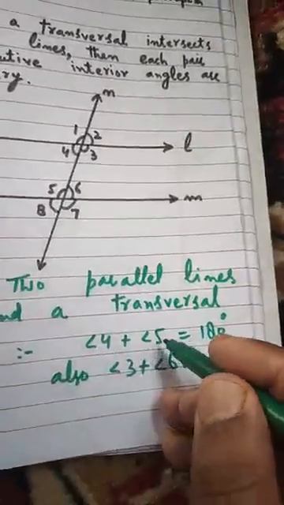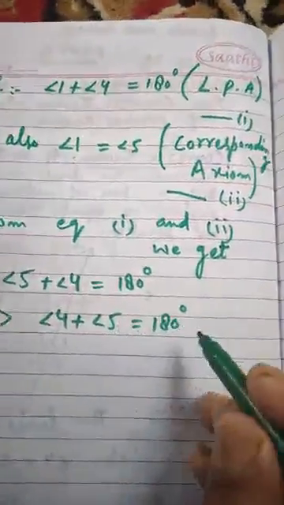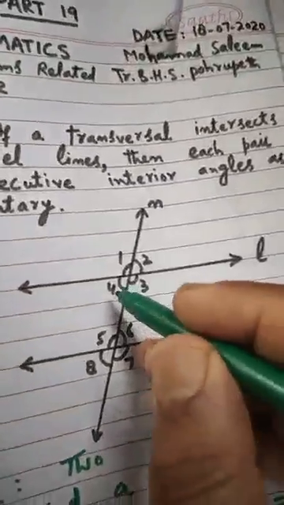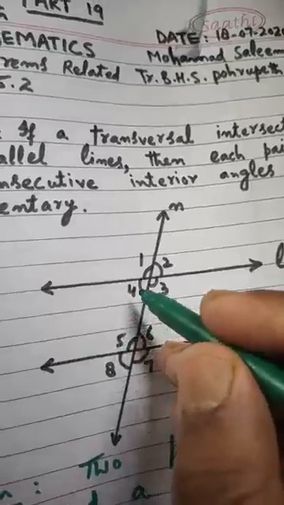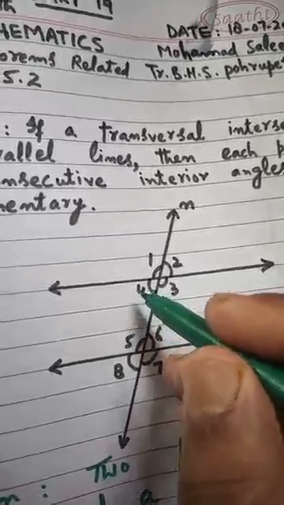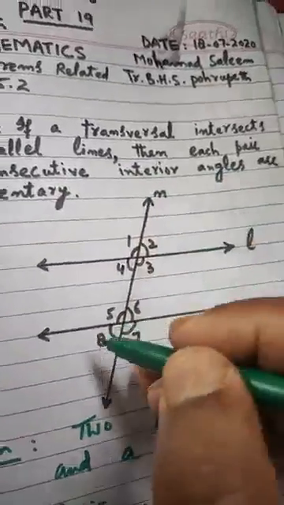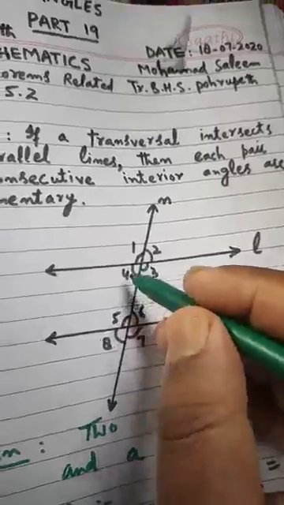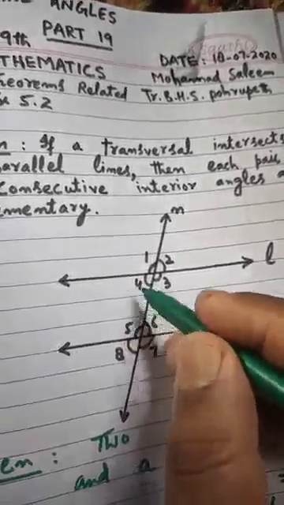That is our first part that has been proved. Angle 4 plus angle 5 is equal to 180 degrees. That means this pair of consecutive interior angles is supplementary. It is proved that their sum is supplementary.